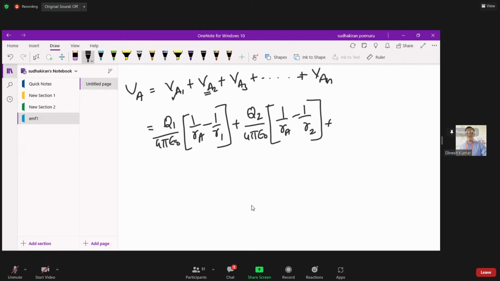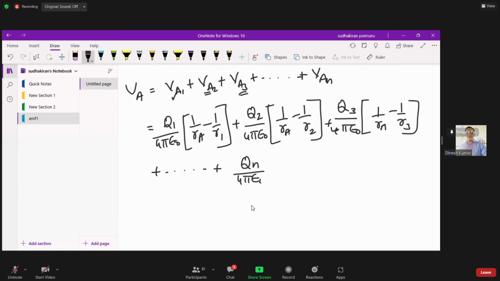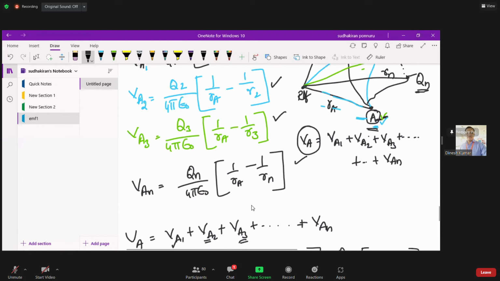Similarly, VA3 is Q3 divided by 4 pi epsilon naught times (1 by RA minus 1 by R3), and so on. VAn is Qn divided by 4 pi epsilon naught times (1 by RA minus 1 by Rn). These are all the individual expressions that we derived before.